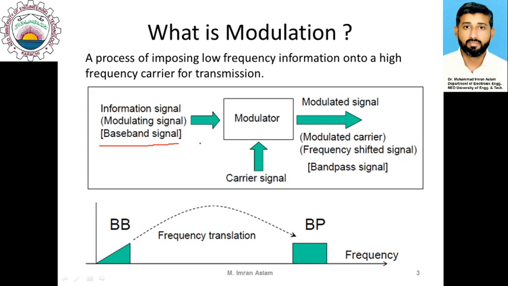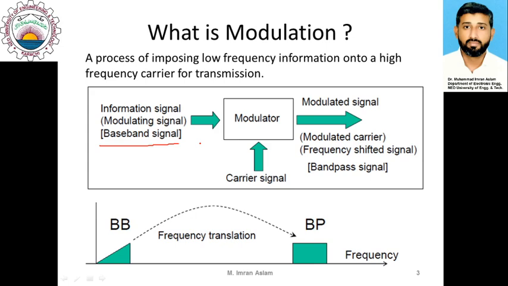This information signal, which is the baseband or low frequency signal, cannot be transmitted through a wireless or mobile radio channel without any type of modulation, because of the filtering effect of a wireless channel.